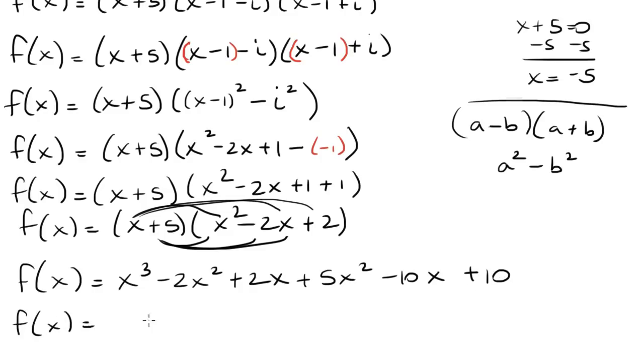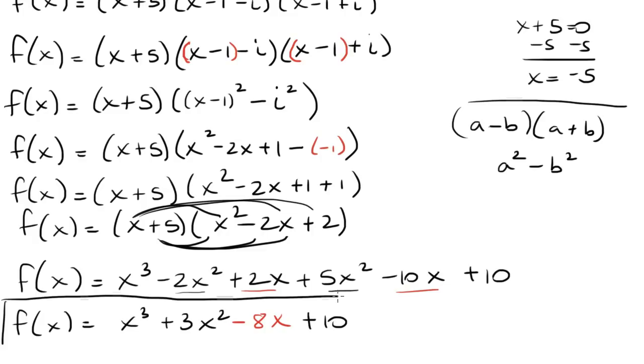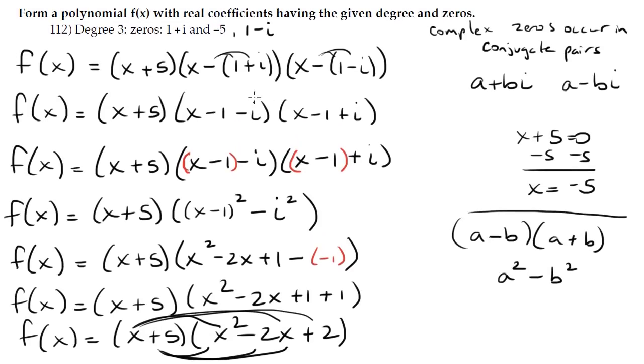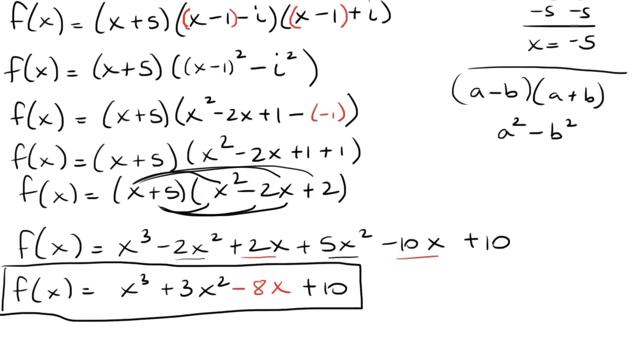So f of x is x to the third, here we go, combine these, plus 3x squared, here we go, combine these, minus 8x. And then plus 10. There's my polynomial with these zeros, and of course you see the degree is 3.